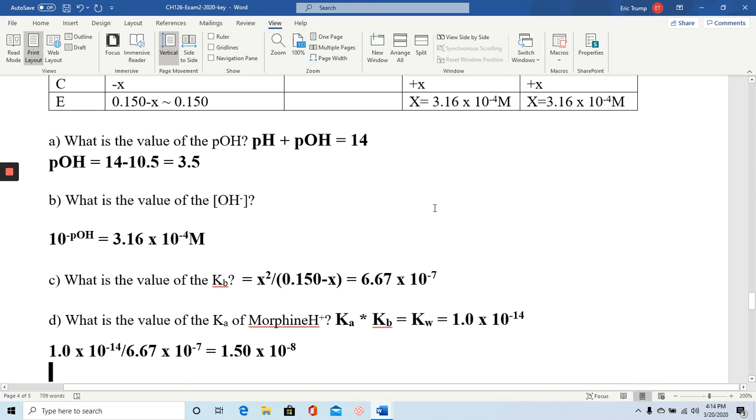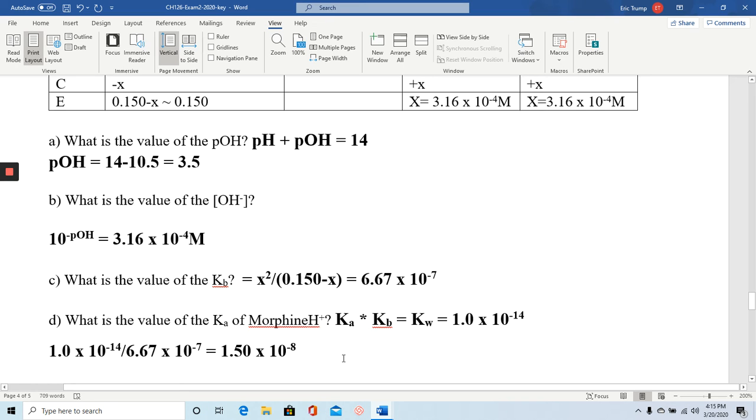So we substitute these values of X into this expression, and that gives us our Kb. Using the relation that Ka times Kb equals Kw, we can then solve for Ka. We take Kw divided by our Kb, and that gives us Ka.